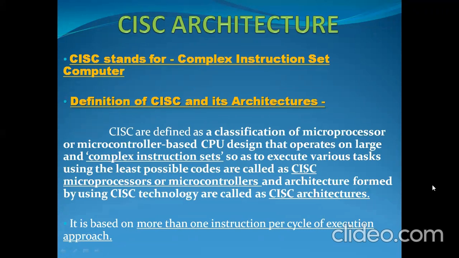The definition of CISC and its architectures: CISC are defined as a classification of microprocessor or microcontroller based CPU design that operates on large and complex instruction sets so as to execute various tasks using the least possible codes, and are called CISC microprocessors or microcontrollers.